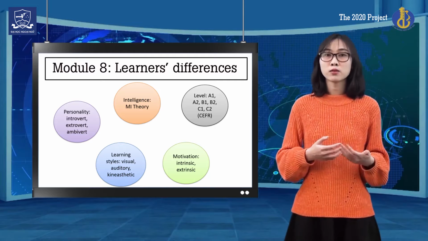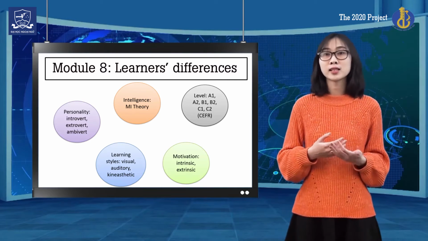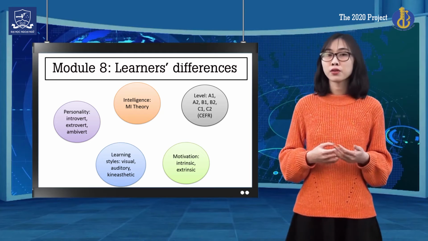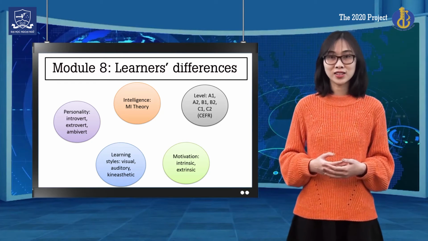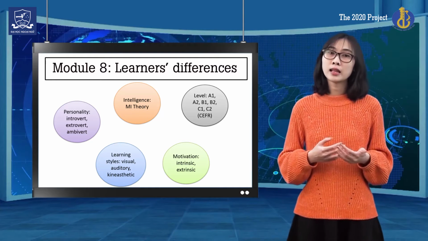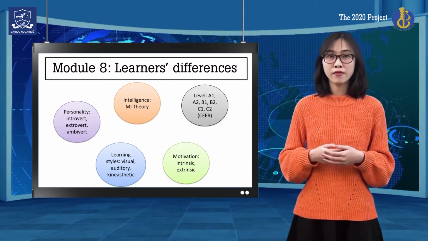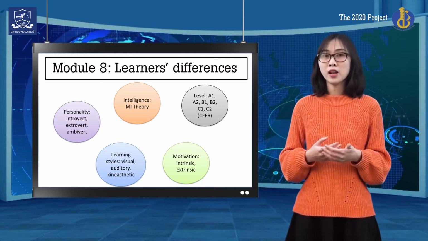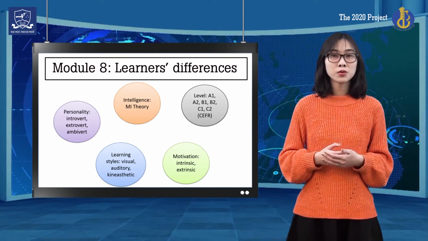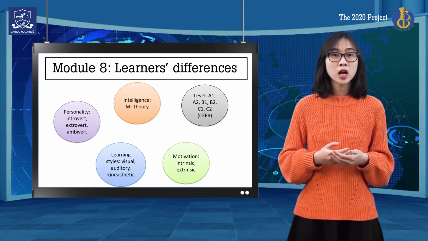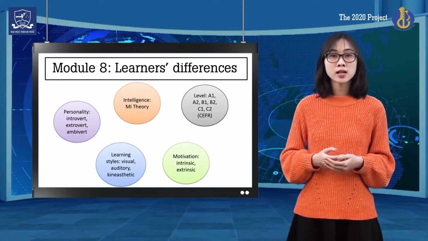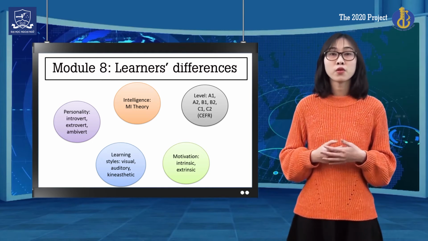Yet, it is now debated that such theory does not exist. For intelligence, we get to know the theory of multiple intelligences, and finally, the student's language level is labeled using the CEFR framework with 6 levels. They are A1 beginner, A2 elementary, B1 low intermediate, B2 intermediate, C1 advanced, and C2 proficiency.